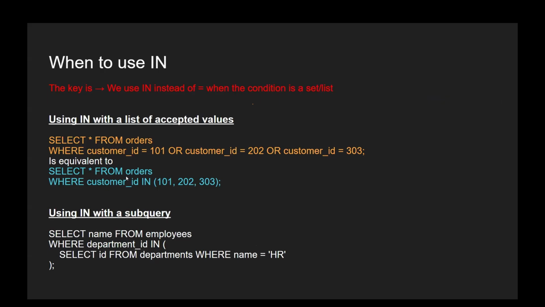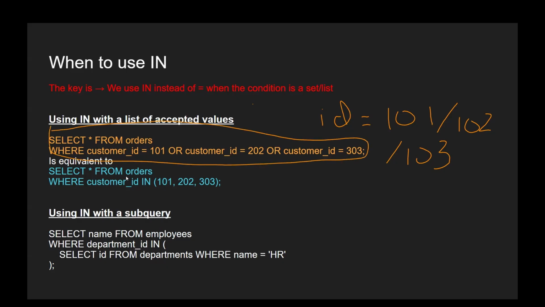Let's say we want to select orders where the customer ID should be 101 or 102 or 103. If we only have three IDs that's acceptable, of course you can write it just like this one. We can just list out all the single possible ID here, right?